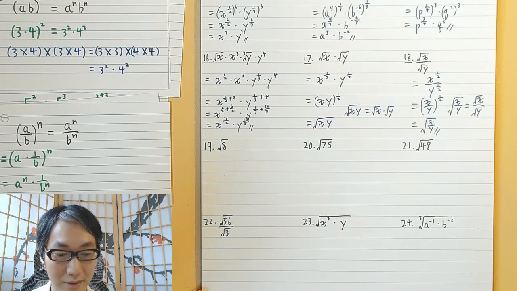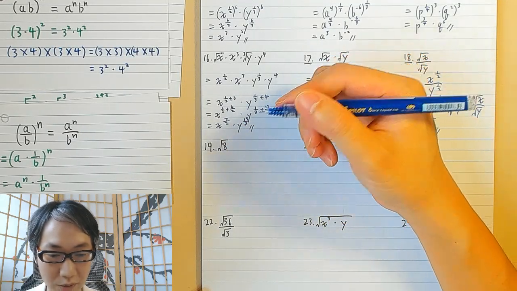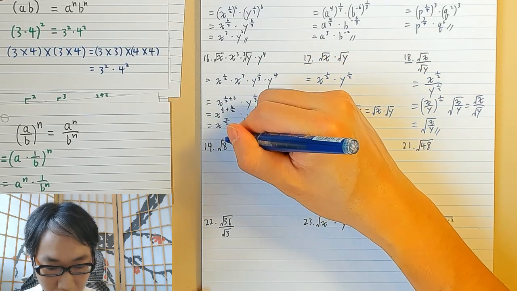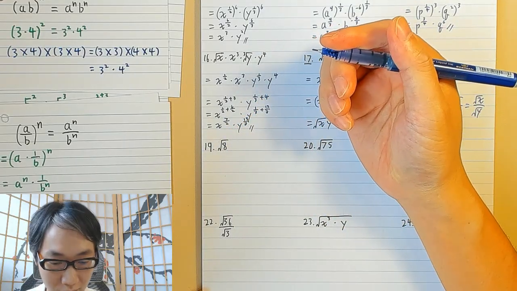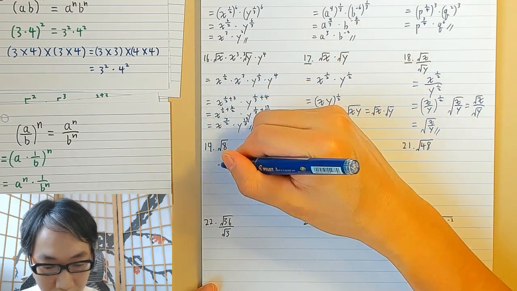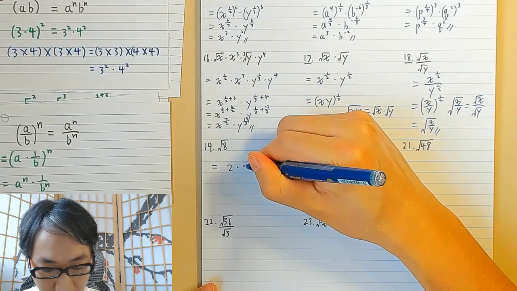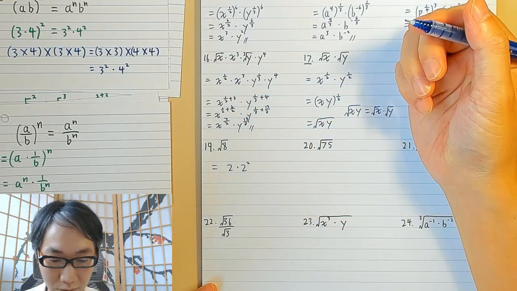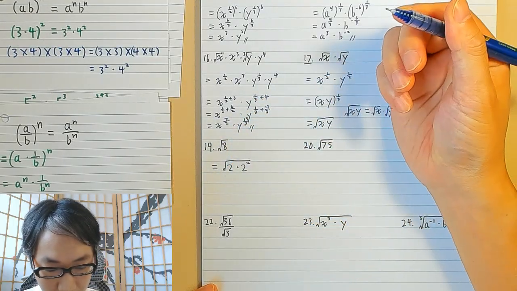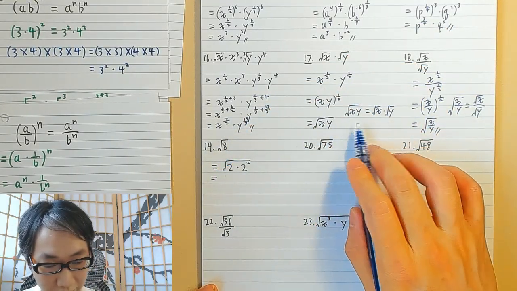And then number 19. This is 8 square root. Oh, how can we simplify this? So there's a 2 here that's omitted. So we can find some square. This 8 is equals to 2 times 4, which is 2 squared. Okay. Then the surd is still here. Then we distribute the surd using this one from left to right.